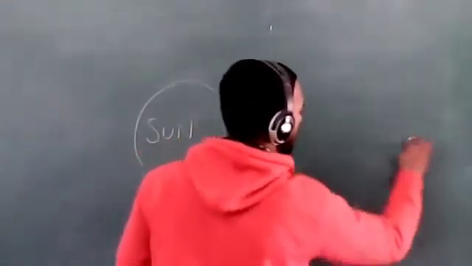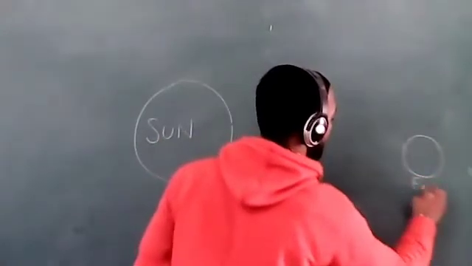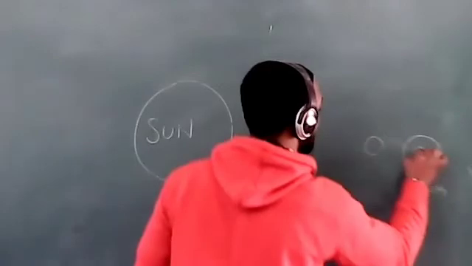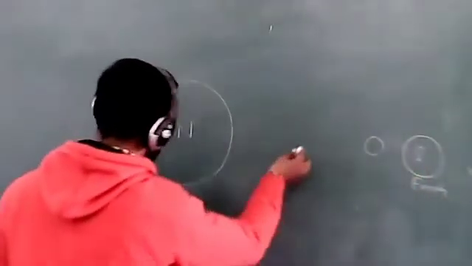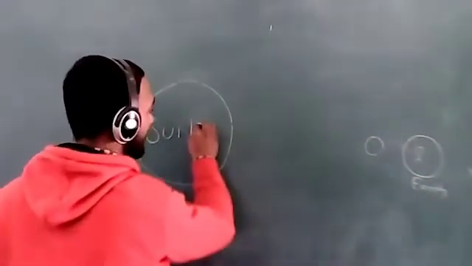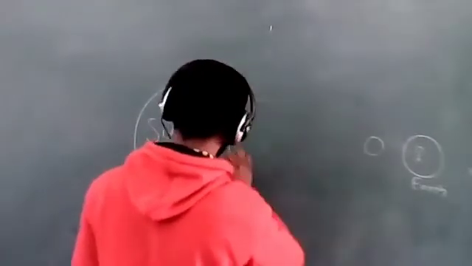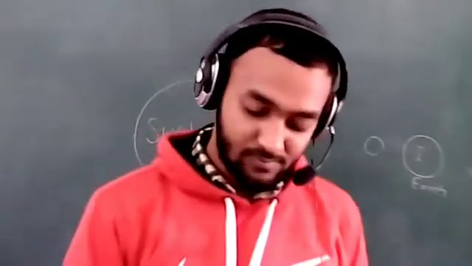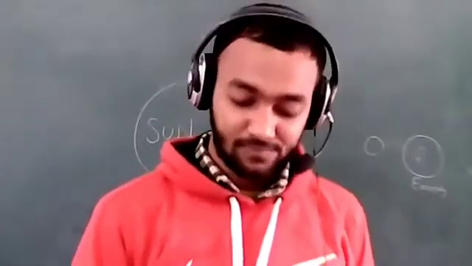When we are living on the earth, and here is the moon, suppose you are on the earth, and you cannot see the sun completely due to the light blocked by the moon. So this is called solar eclipse. Did you understand?